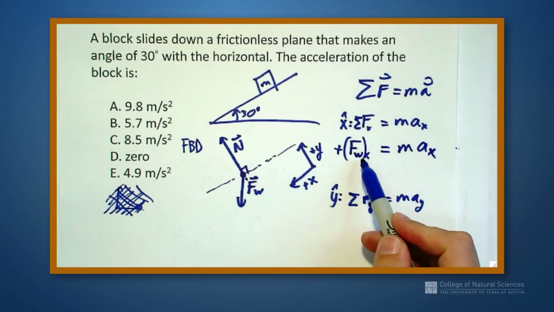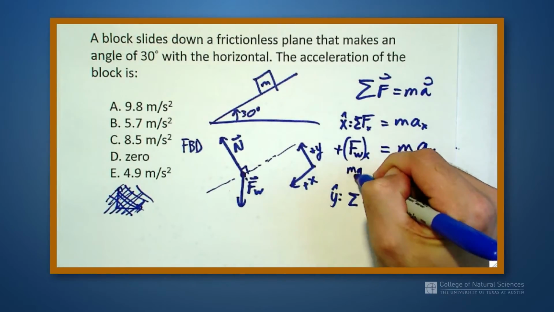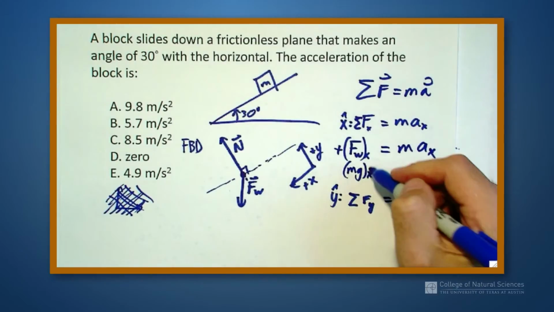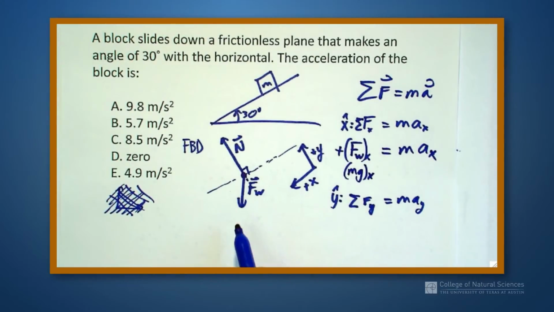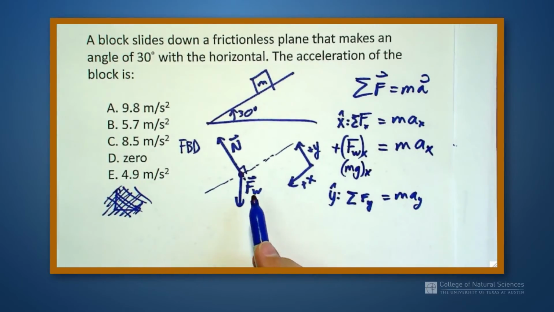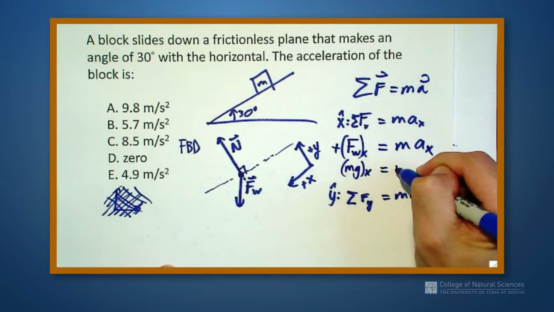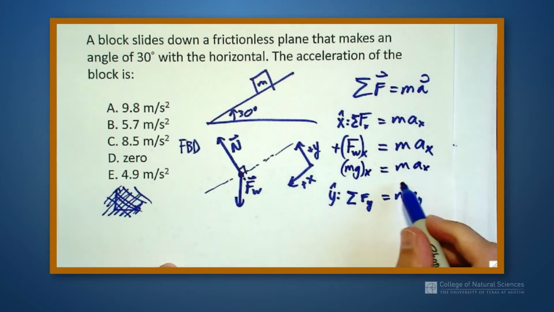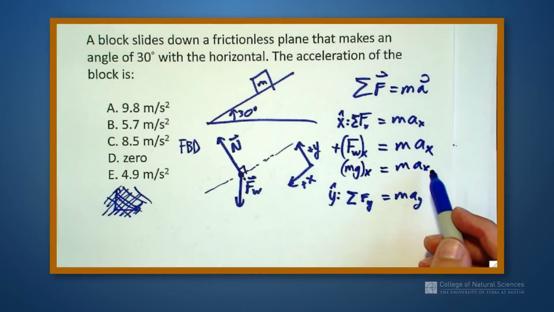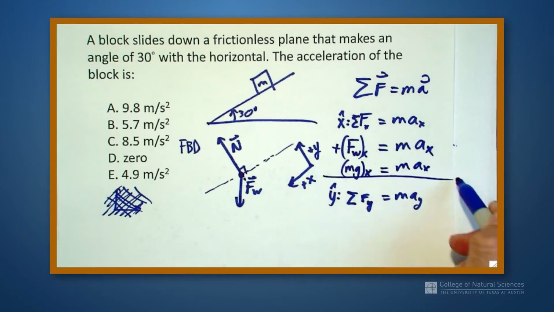Well, it'd be really nice if I know what this value is. This is mg in the x direction. I haven't taken into account that it's not fully mg, it's just mg in the x direction. It's going to be giving me m times a in the x direction. Let's see if we can get by without using the y direction.